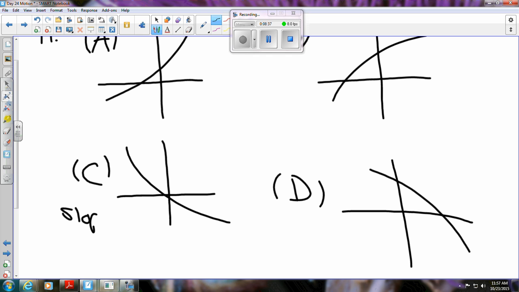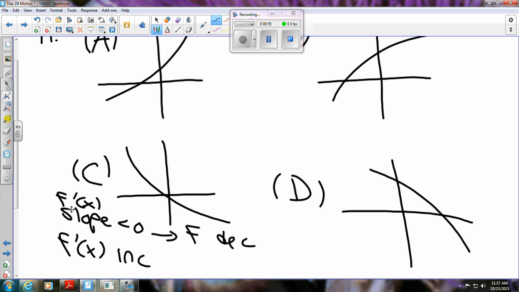Okay, so they wanted the slope to be negative, so you want the derivative to be negative. That means the function is decreasing, okay? And then they also wanted the slope, the derivative, to be increasing.